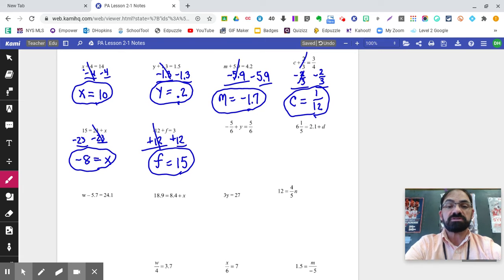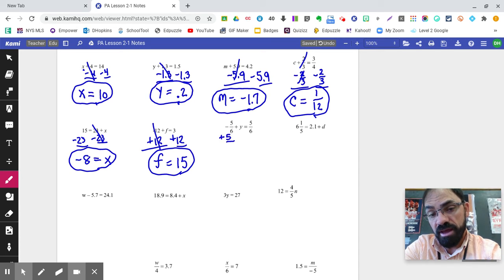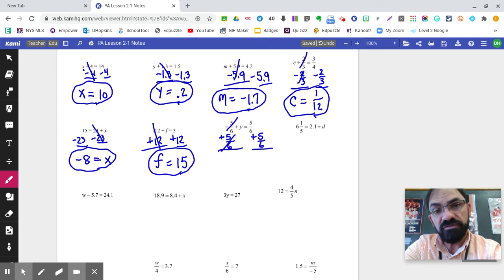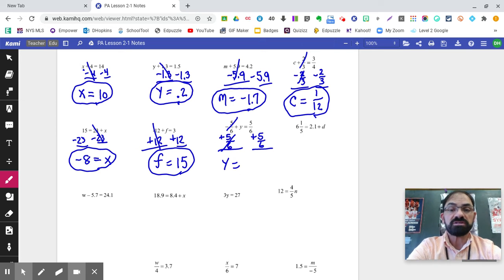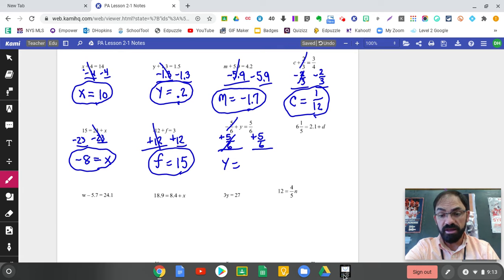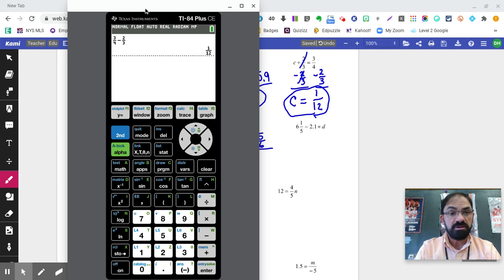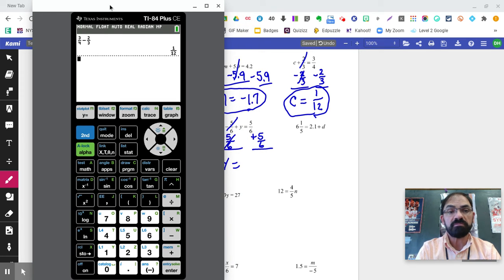Okay, more fractions. To get y by itself, that's a -5/6, so I want to add 5/6. -5/6, +5/6. Bye-bye. So 5/6 plus 5/6. Some of us can do that in our head, and that is great. And then others, hey, maybe we just want more practice with our calculator.